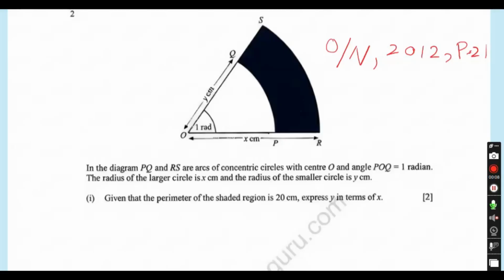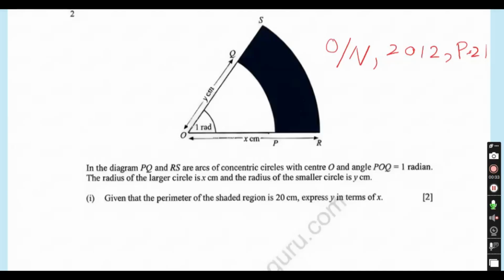Students, today we are going to do a question from past paper October-November 2012 paper 2-1, topic circular measure. And the question is, in the diagram PQ and RS are arcs of concentric circles with center O and angle POQ is 1 radian.